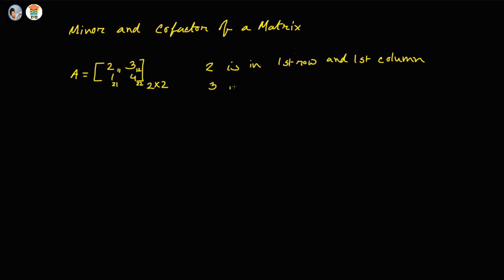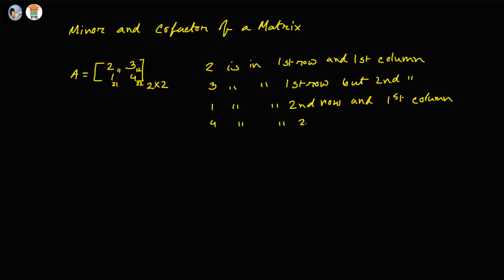Similarly, 3 is in first row but second column. 1 is in second row and first column, and 4 is in second row and second column.